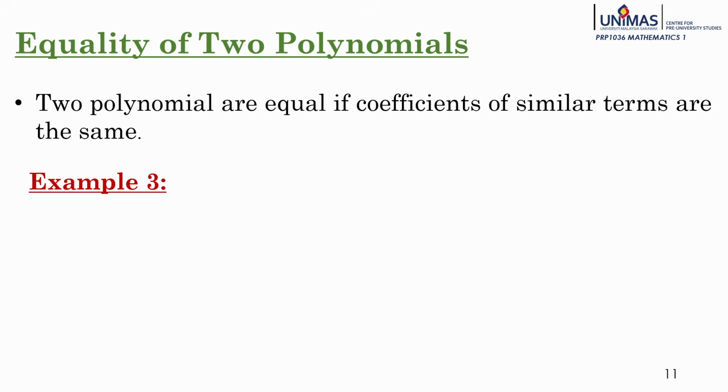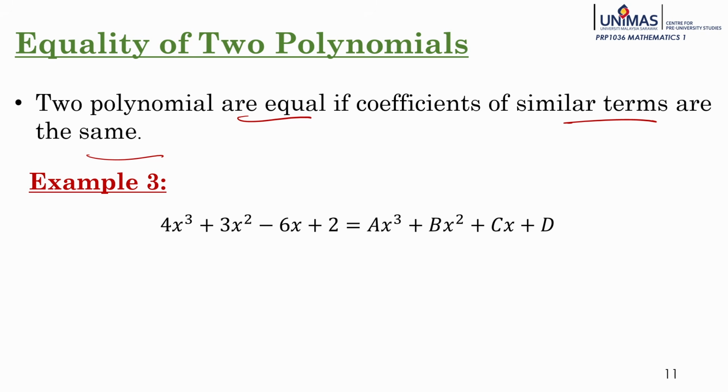Let's see the equality of two polynomials. Two polynomials are equal if the coefficients of similar terms are the same. Okay, for example, example 3. We have Ax cubed plus Bx squared plus Cx plus D equal to 4x cubed plus 3x squared minus 6x plus 2. So when asked for A, B, C, D, when we are talking about equality, it means the value of A must be the same as here.